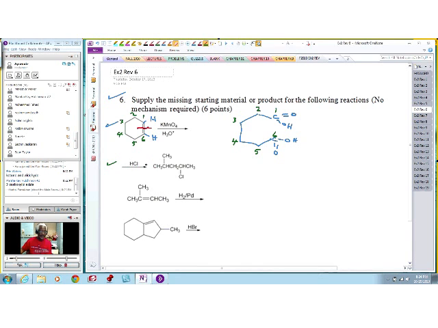Okay, this one here is an example of electrophilic addition reaction to a carbon-carbon double bond, following Markovnikov's rule.